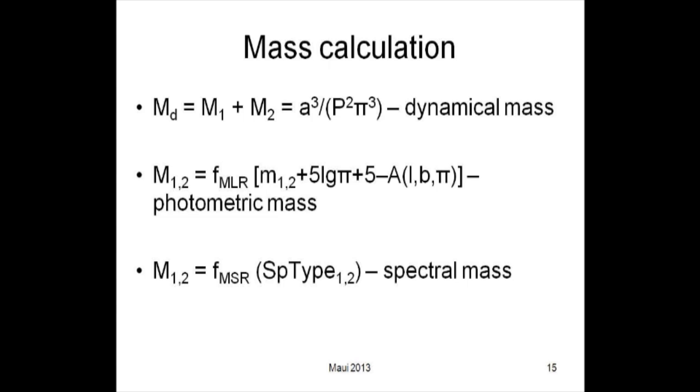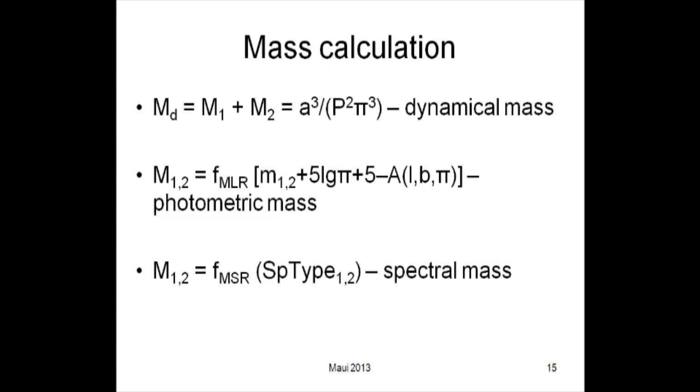The third way to estimate mass of a star is the spectral type. We have some mass-spectrum relations, different relations for different luminosity classes, which we can use to estimate mass immediately from spectral classification. So for orbital binaries, it's really a Klondike for mass estimation.